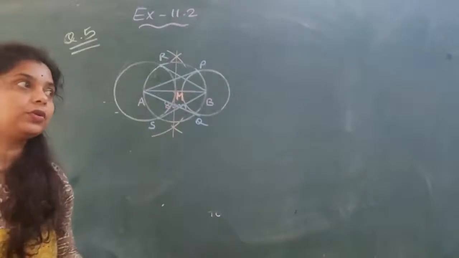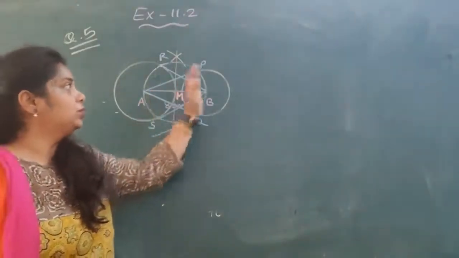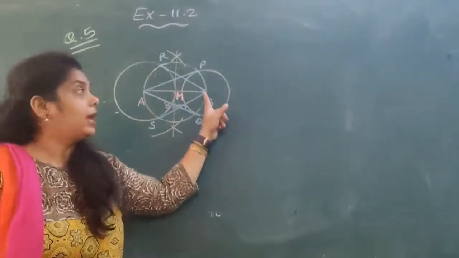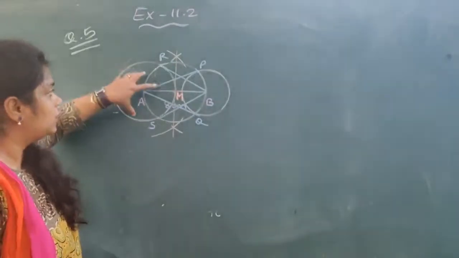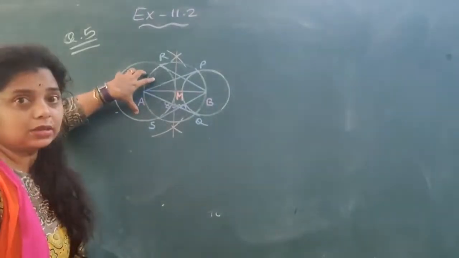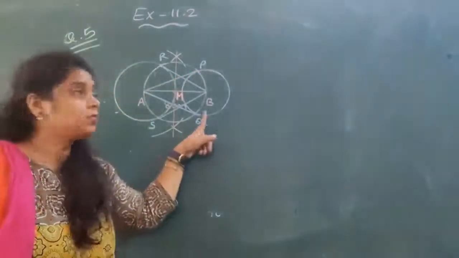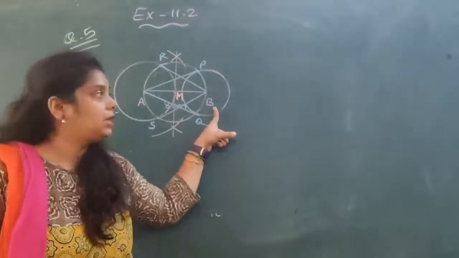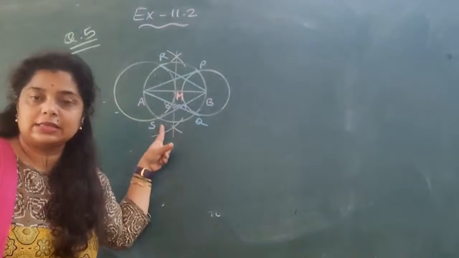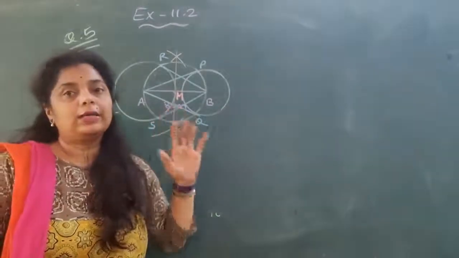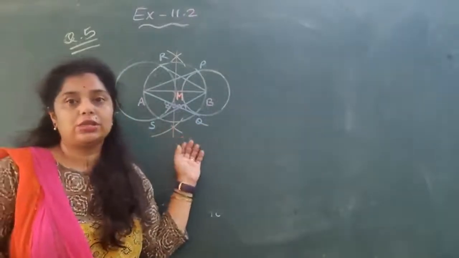So in this way, you can draw a tangent from center A to the circle having center B, and from center B to the circle having center A. So for the bigger circle having center A, the tangents are AP and AQ. For the smaller circle having center B, the tangents are BR and BS. Is it clear? Okay. So like this you can draw the tangents if the question is like this.